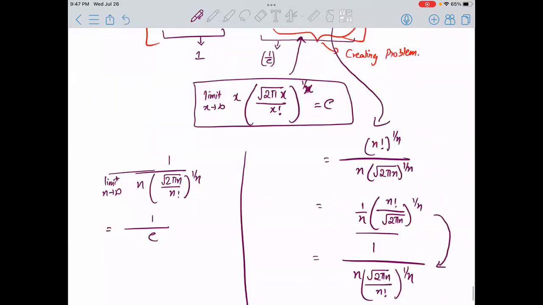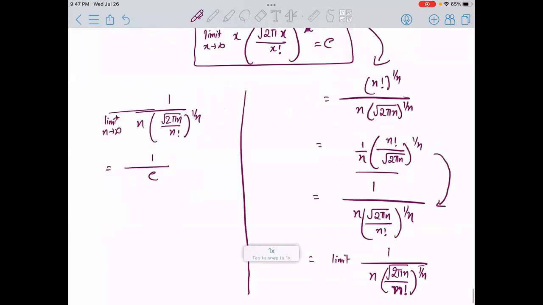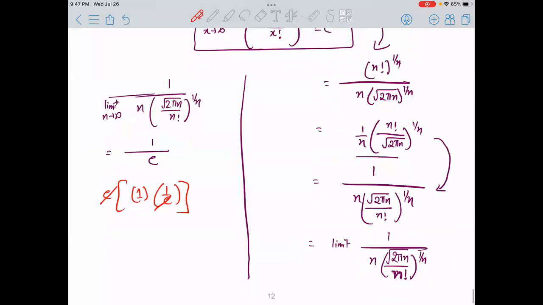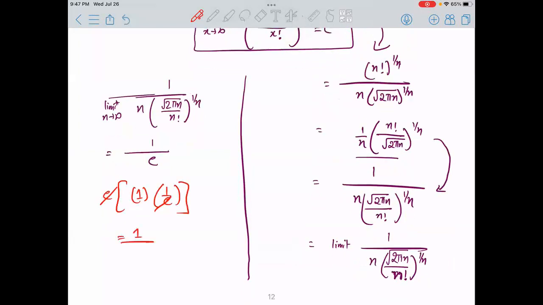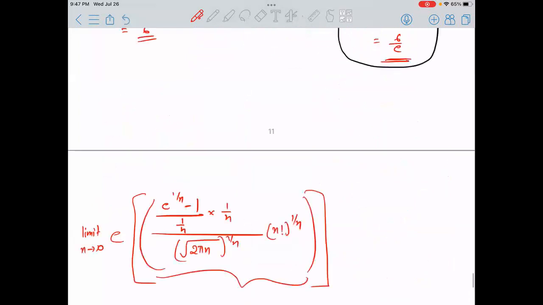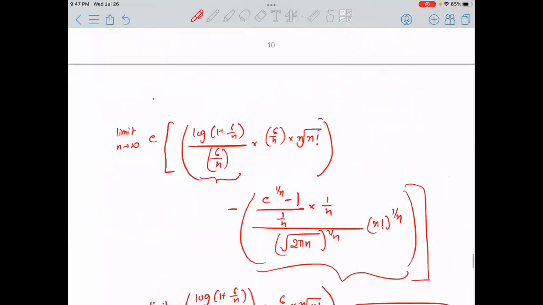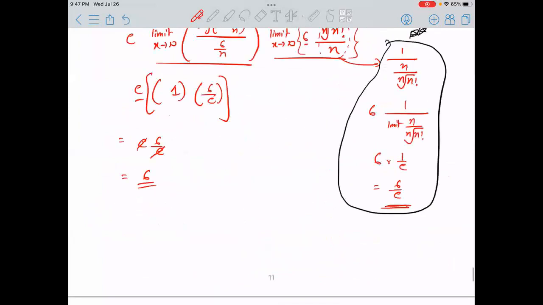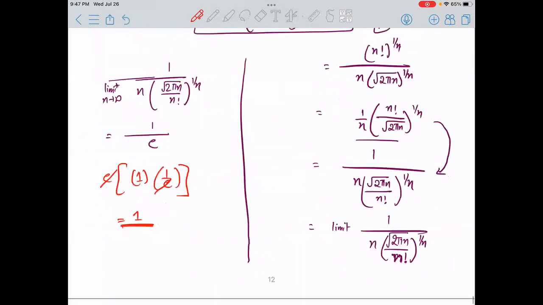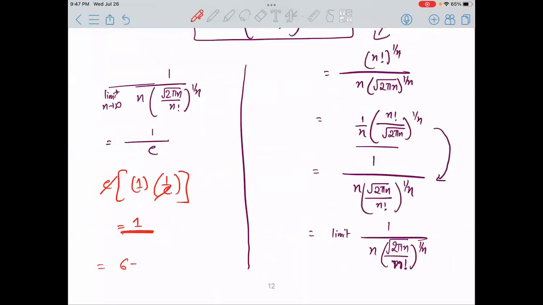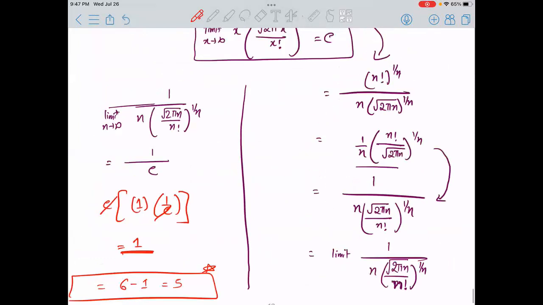So multiply all this: e into 1 into 1 by e. Agree? e cancels. You got 1 here. So to get the final thing, you have to do 6 minus 1, equal to 5. This is the final answer. Clear everyone? Yes, sir.